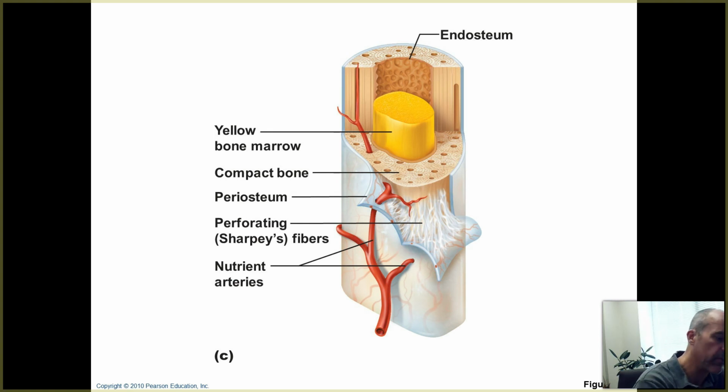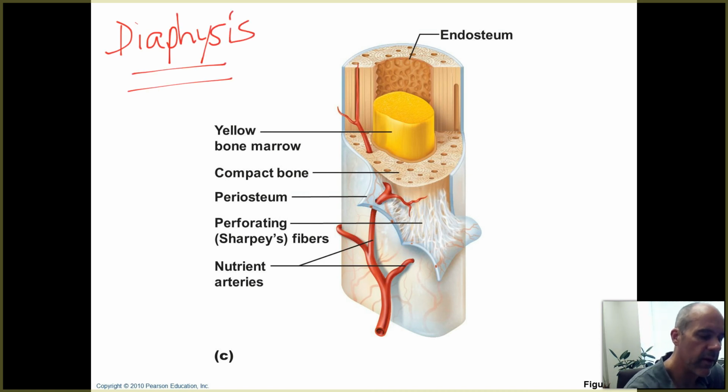So here you're looking at a chunk of a diaphysis of a long bone, the shaft in the center. And so here, see how they've got labeled endosteum? They haven't really drawn it in, but there would be a really thin connective tissue lining or membrane there that's surrounding that yellow bone marrow. That's called your endosteum.